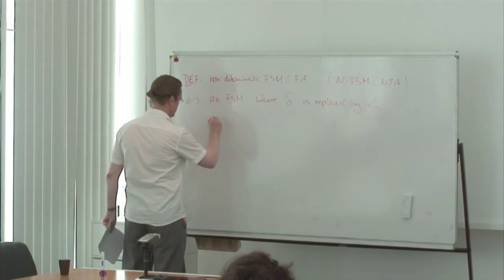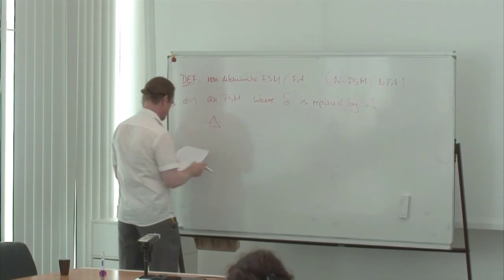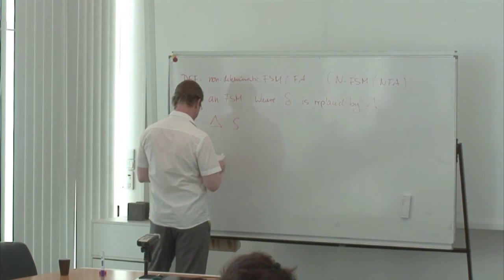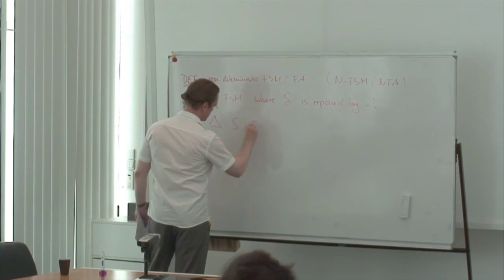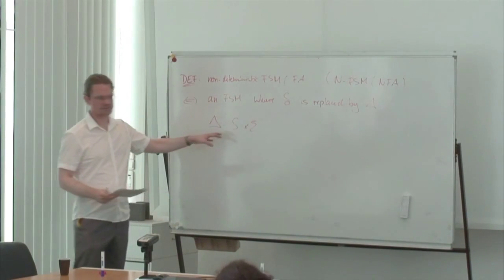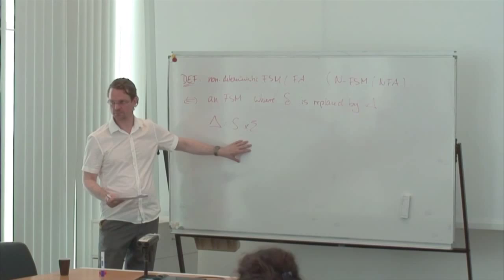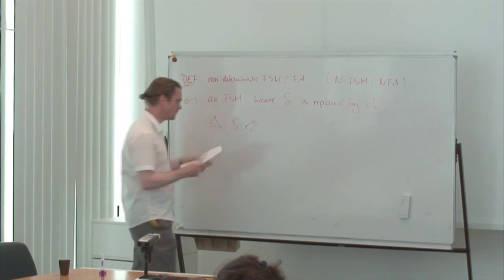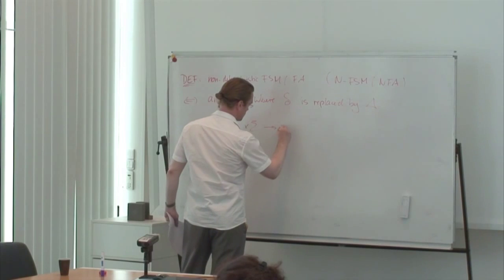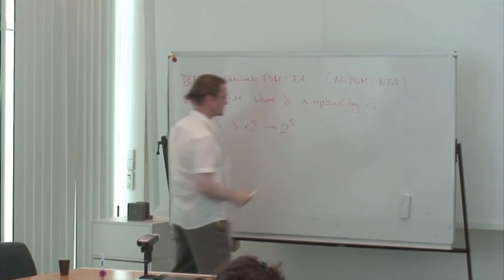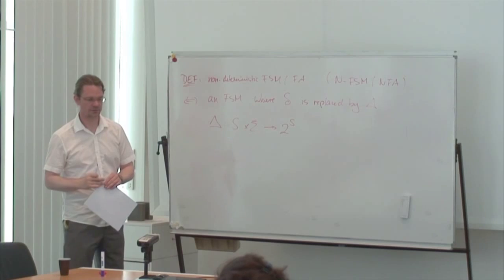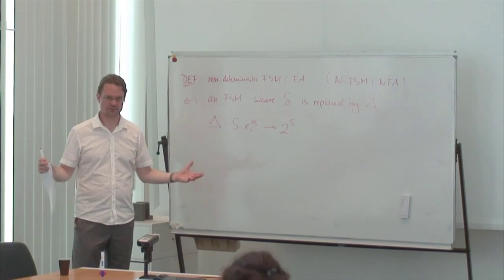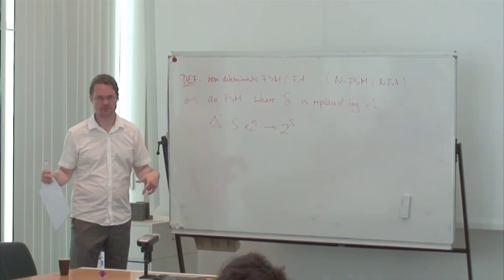And let's just look at it. So delta takes an input, basically a pair, again, a state and a symbol. So nothing changes on the input side of the state transition function. But it produces an output in the power set of states.